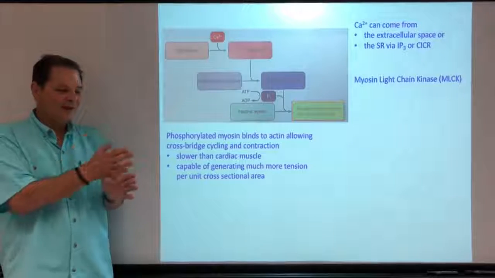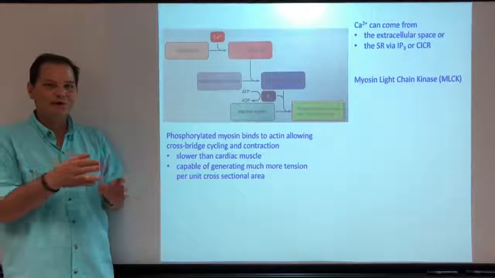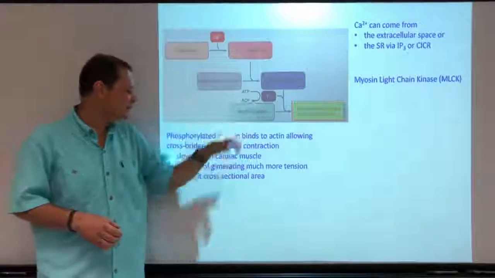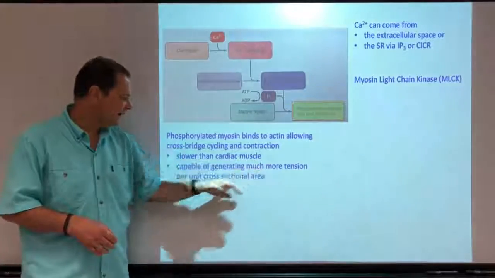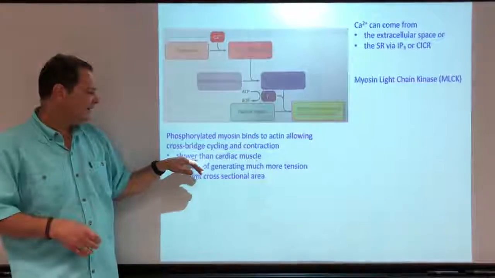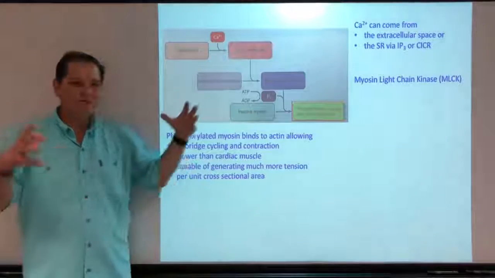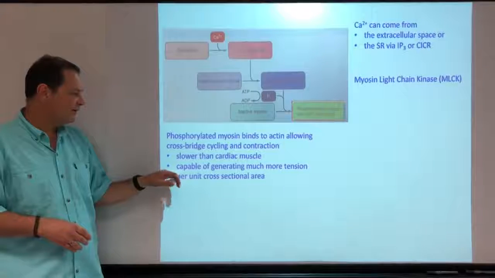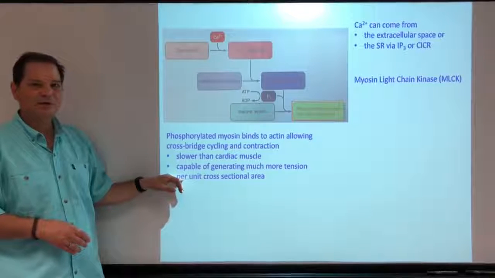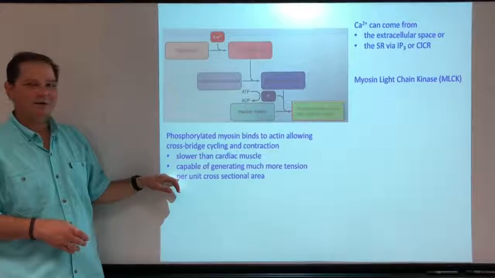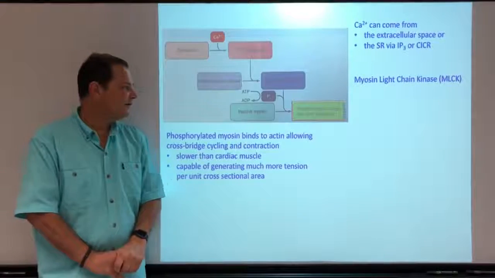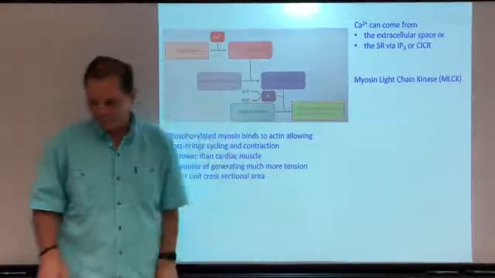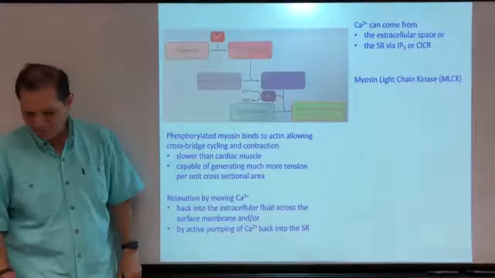And so how that energy is proportioned tells you what that muscle is typically going to do. And in smooth muscle, more of that energy is directed toward generating force, and less of it is directed toward generating a velocity of contraction. So you get slower muscle contraction, but you get muscle contraction with more force per unit cross-sectional area, okay, in smooth muscle. And that all happens due to cross-bridge cycling, which is taking place when this myosin is phosphorylated, okay.